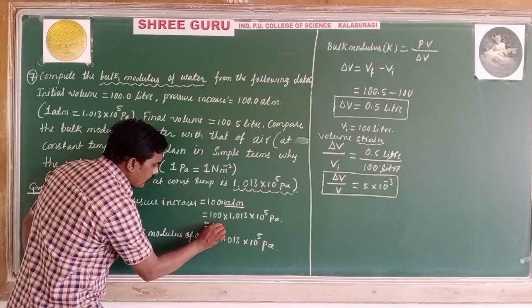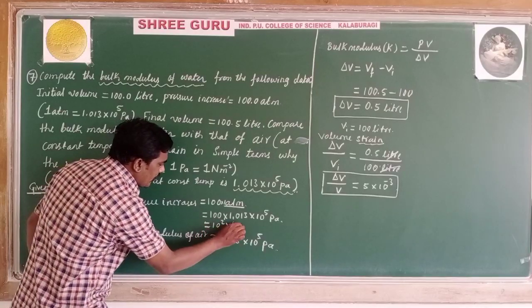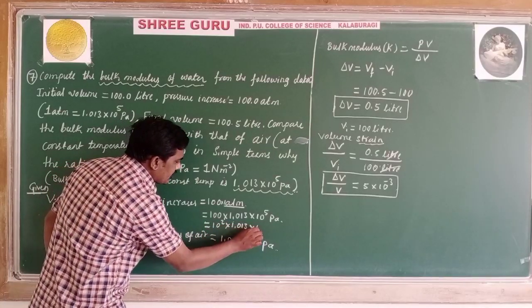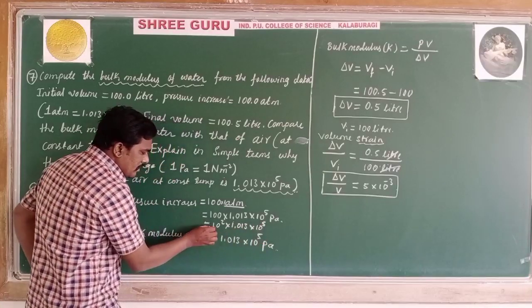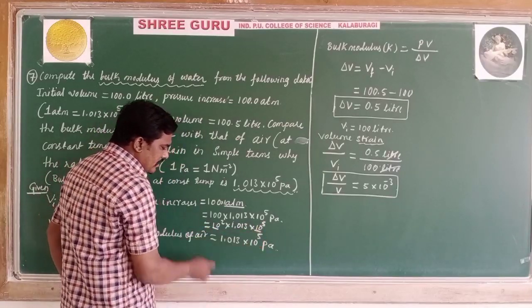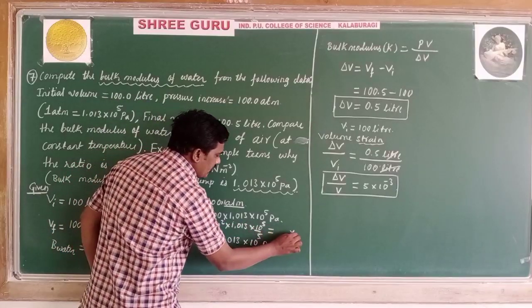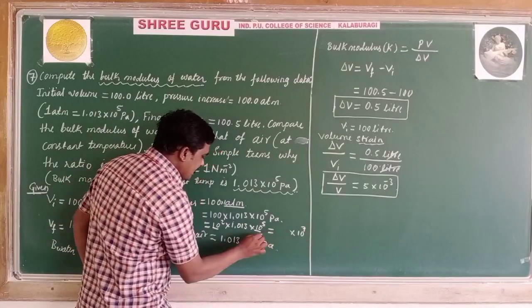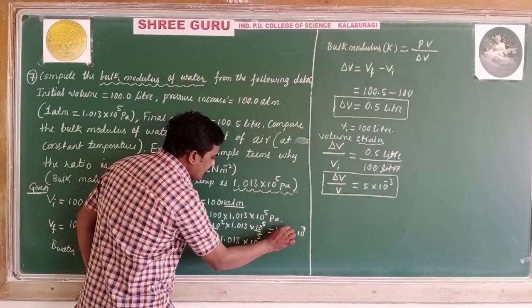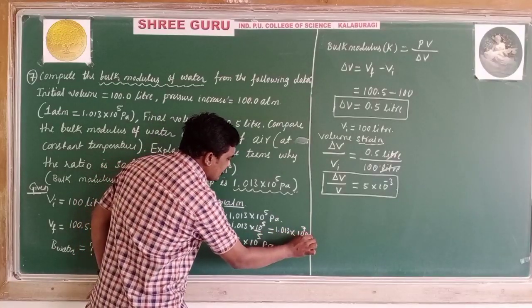This is 10 to the power of 2 into 1.013 into 10 to the power of 5. Bases are the same, so powers should be added. 10 to the power of 2 and 10 to the power of 5 is 10 to the power of 7. Keep 1.013 as it is, and the unit is Pascal.